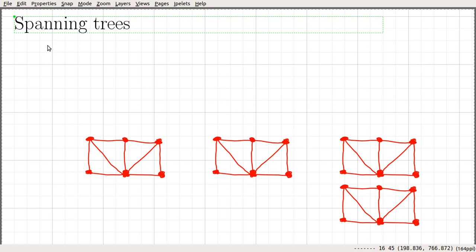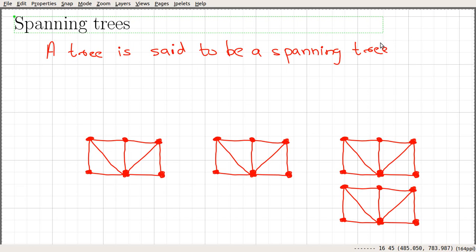So a tree is said to be a spanning tree of a connected graph G. Okay, first of all, that subgraph must be a tree.